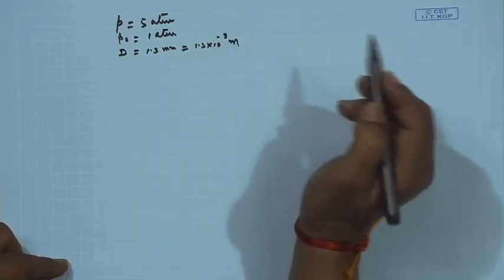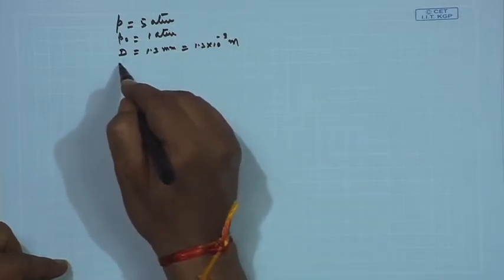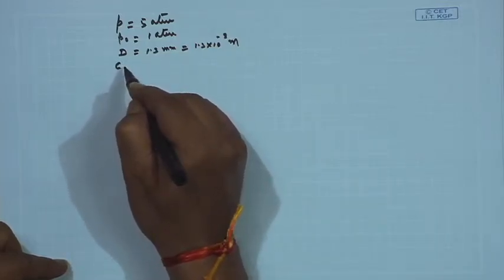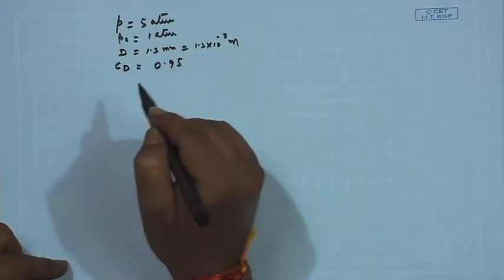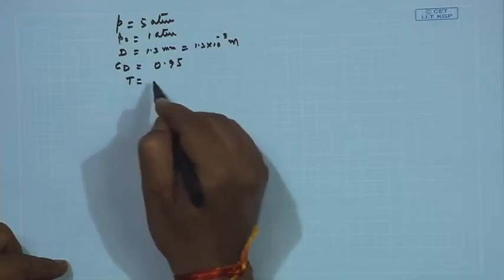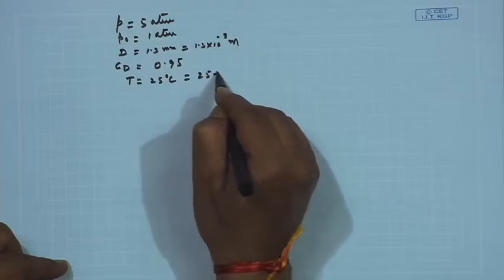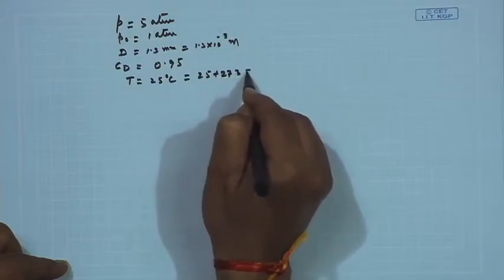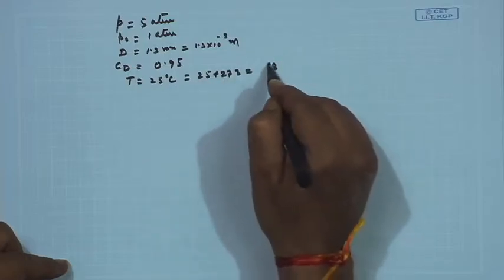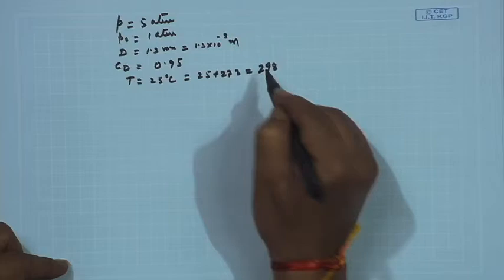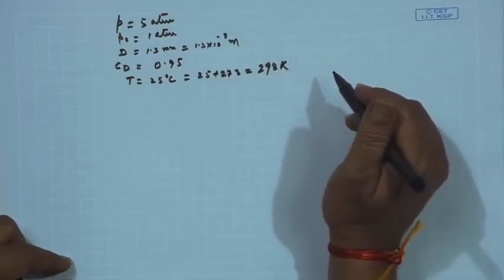The coefficient of discharge CD is 0.95, and the temperature T is 25 degrees centigrade, equal to 25 plus 273, that is 298 Kelvin. So these are all given.